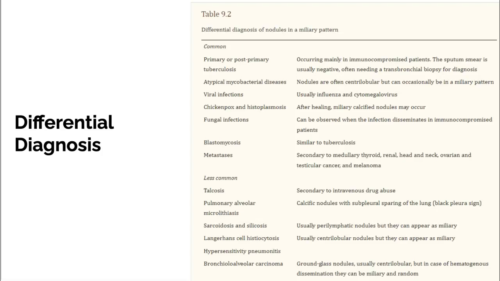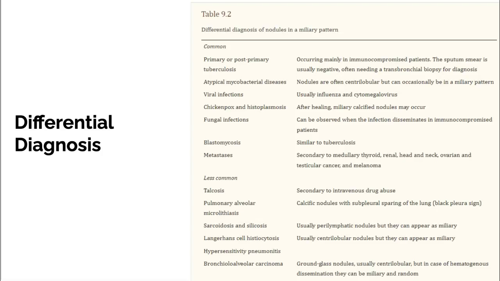The less common are talcosis, which is secondary to intravenous drug abuse. The pulmonary alveolar microlithiasis is calcific nodules with subpleural sparing of the lung, black pleural sign.